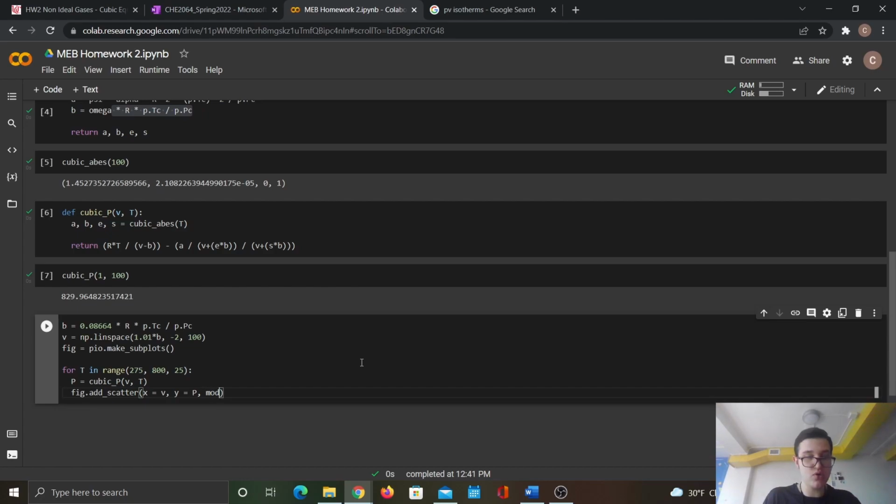We're going to make the mode equal to lines because it looks better that way. And that looks about right for it. So we have, now that we have that to increment ranges and make different values for t, we want to add here.